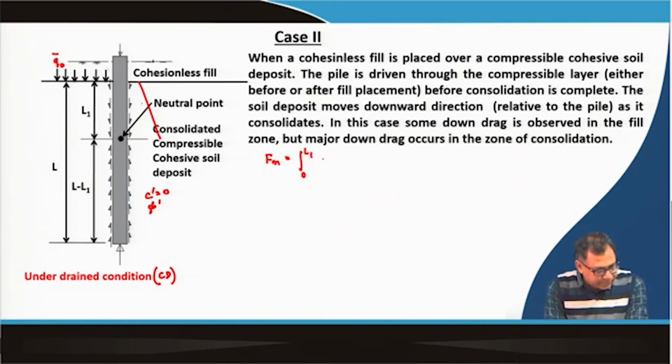So, I can calculate that Fn will be equal to the integral from 0 to L1 of q bar, the effective overburden pressure, times the perimeter, times K, times tan delta, into dz. Okay, that is the Fn.